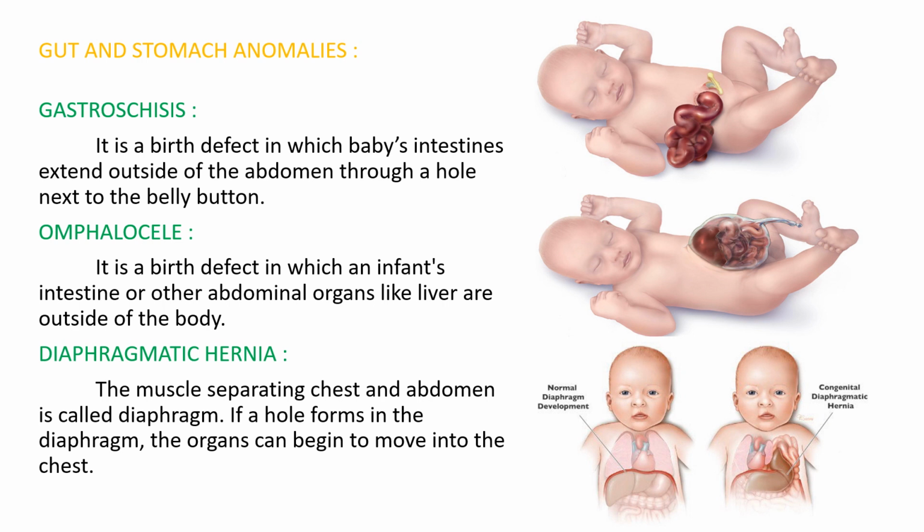It is a birth defect in which an infant's intestine or other abdominal organs like liver are outside of the body. Diaphragmatic hernia. The muscle separating the chest and abdomen is called diaphragm. If a hole forms in the diaphragm, the organs can begin to move into the chest.